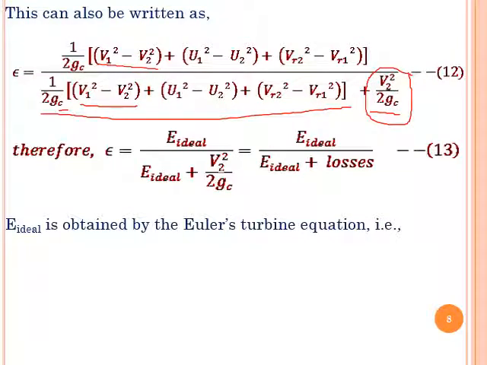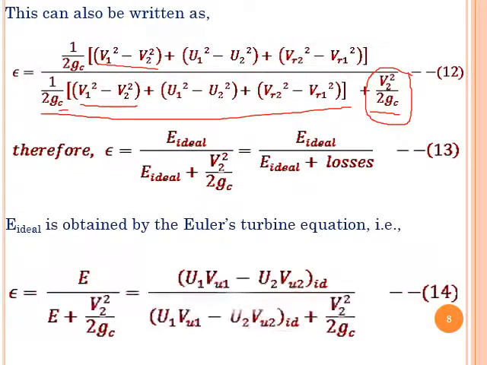Energy ideal is obtained by the Euler's turbine equation. According to the Euler's turbine equation, the energy available or energy ideal is given by U1 VU1 minus U2 VU2.